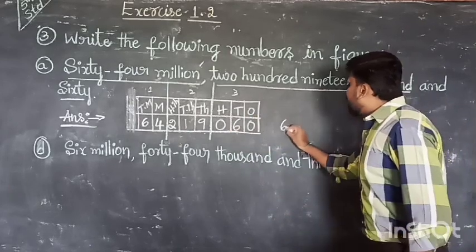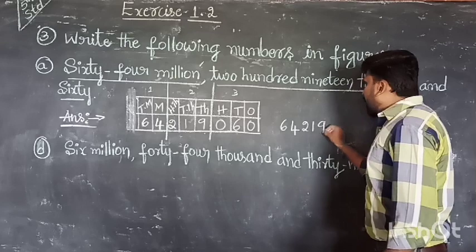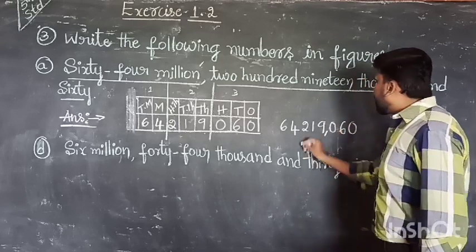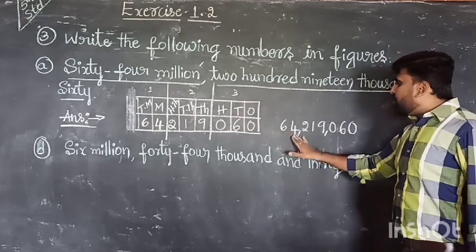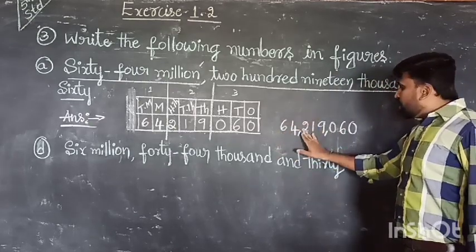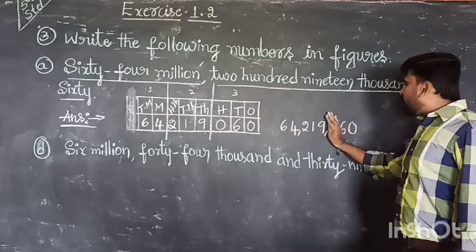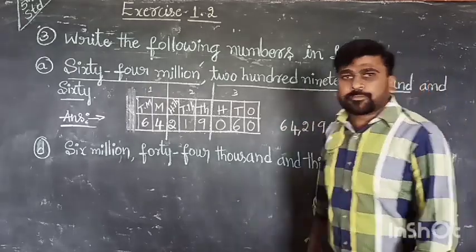That means 6, 4, 2, 1, 9, 0, 6, 0. You can put a comma after every 3 digits. Now we can easily read that: 64 million, 219,000 and 100 place skipped, 60. Now this is the answer for the first one.